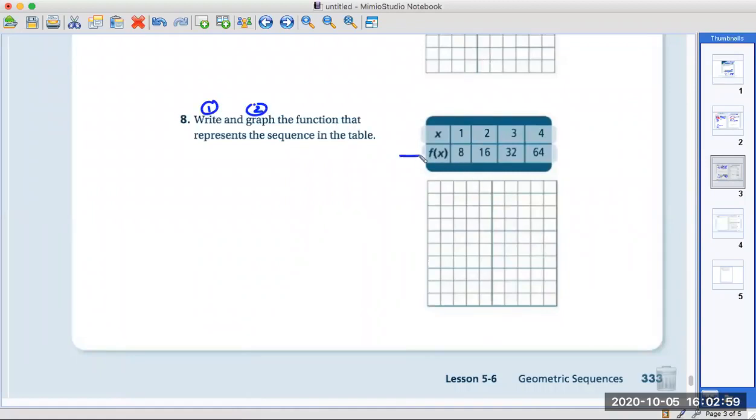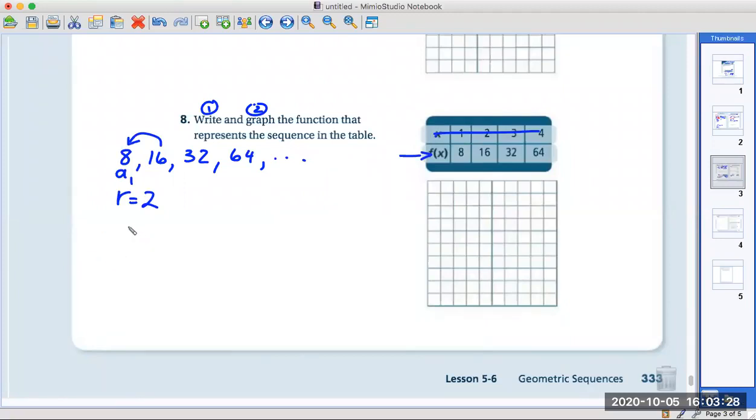So again, I'm looking at these numbers. The x goes up at an even interval, but that's not important. The numbers we're looking at are 8, 16, 32, and 64, and then we can keep going. So the formula wants the first number and the common ratio. 16 divided by 8 is 2.